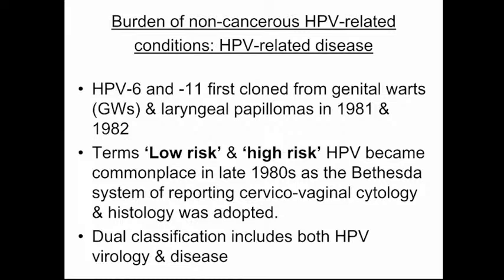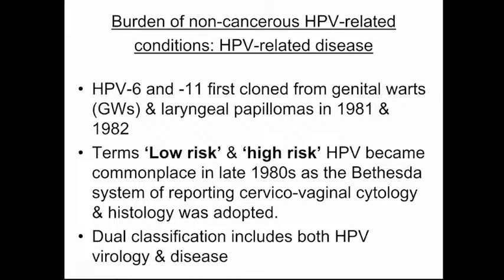And as the Bethesda system of reporting cervical vaginal cytology and histology was adopted, the low-risk types became associated with low-grade squamous intraepithelial lesions, and the high-risk HPV types became associated with progressive low-grade lesions, high-grade lesions, and carcinomas.